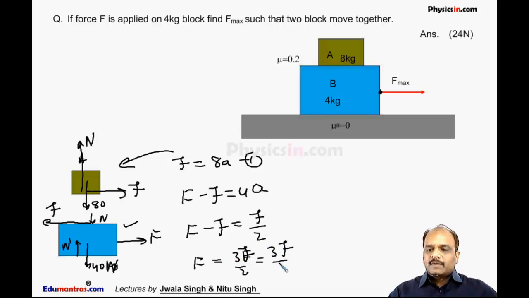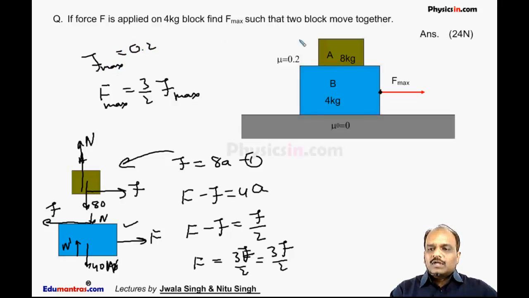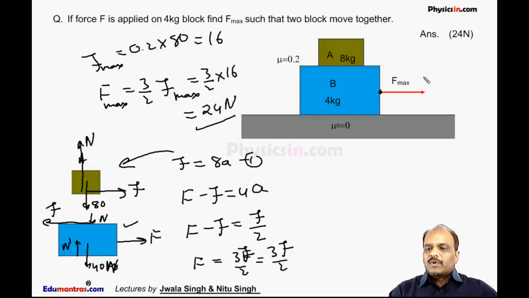So the maximum value of force F is 3 by 2 times the maximum friction force, and the maximum friction force is 0.2 times the normal, which is 80 Newton. So here it is 16 Newton. So from here we get 3 by 2 into 16, which is equal to 24 Newton. So the maximum force which we can apply here is 24 Newton, and this is the answer.